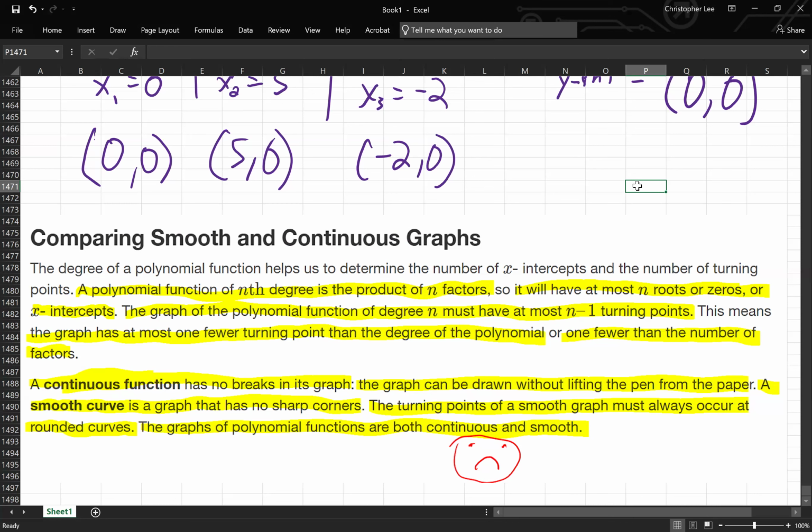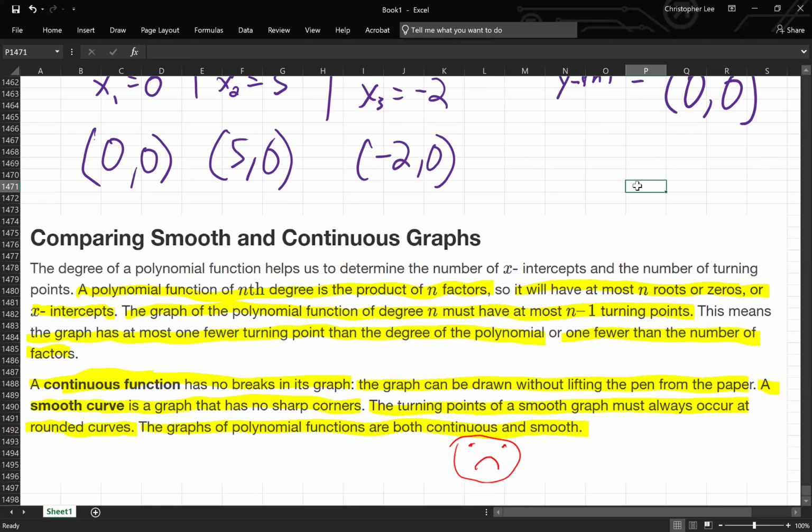The graph of a polynomial function of degree n has at most n minus 1 turning points. So this means that the graph has at most one fewer turning point than the degree of the polynomial, or one fewer than the number of factors.